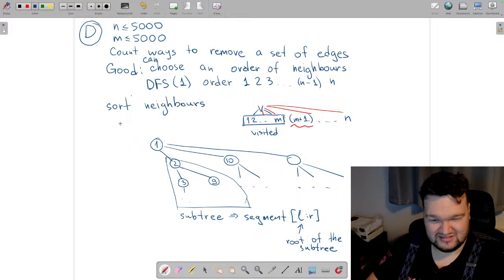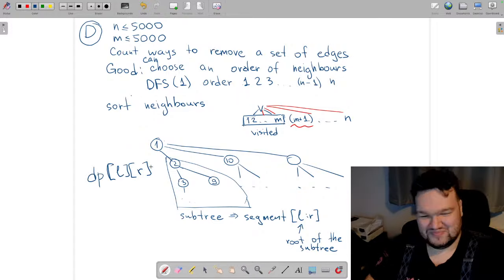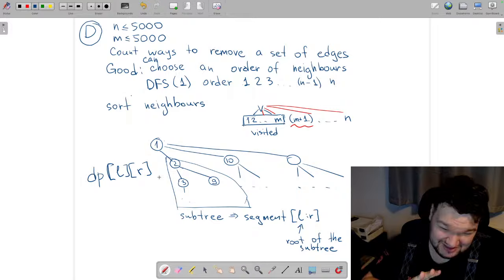We will try to calculate DP LR, the number of ways to do something. We will see at which moment we are deciding on which edges we are removing. But this will be a number of ways to do some of the choices, such that segment LR is a subtree with root L in the DFS tree.